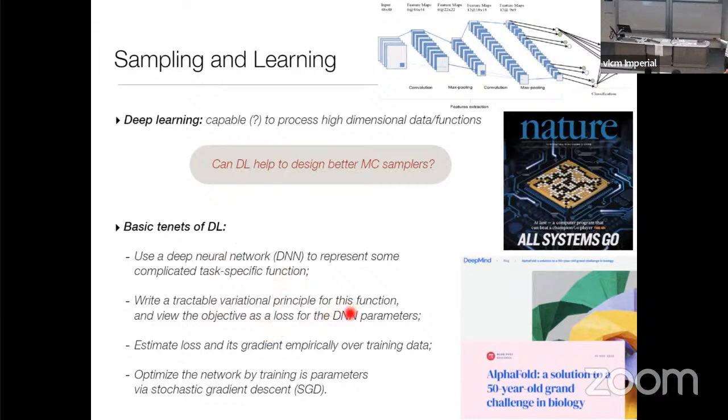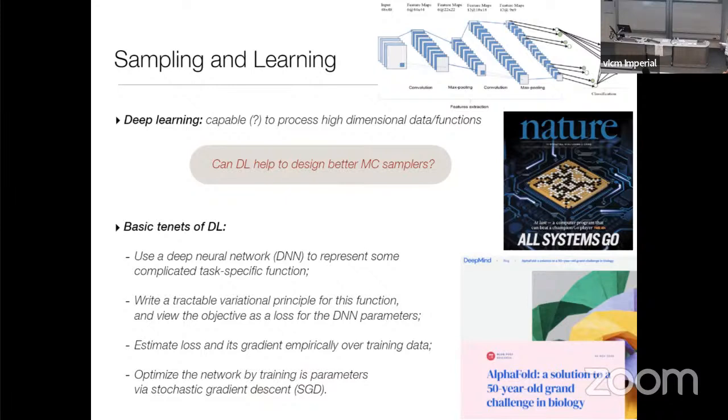This is what people in the field call a loss, which is a variational formulation for the parameters of the deep neural network. Then you need to be able to estimate the loss empirically, because typically it's given by an integral that you cannot perform analytically. This is done by doing gradient descent over some training data, empirical data, and then you use that to optimize the network by training the parameters by stochastic gradient descent.